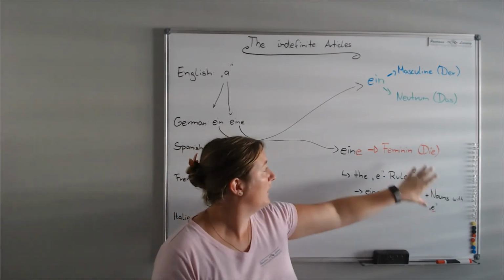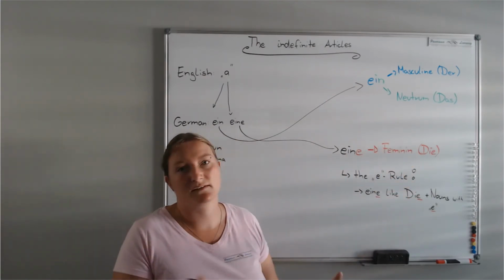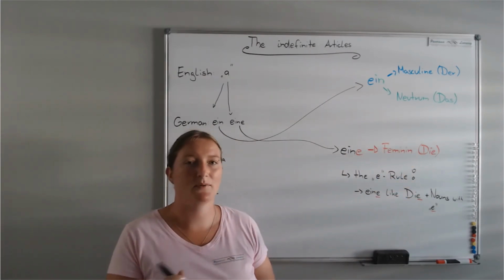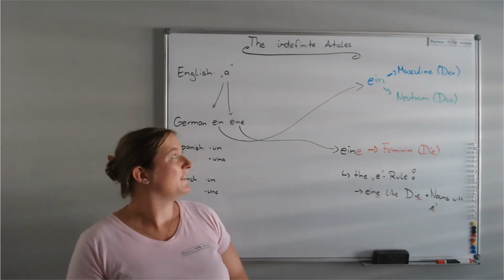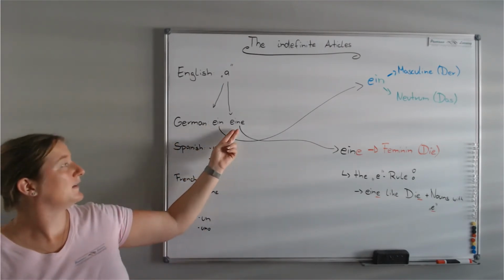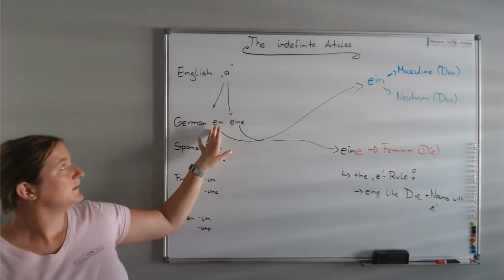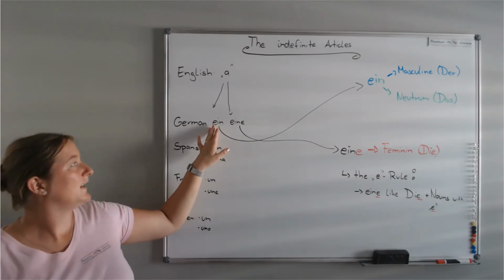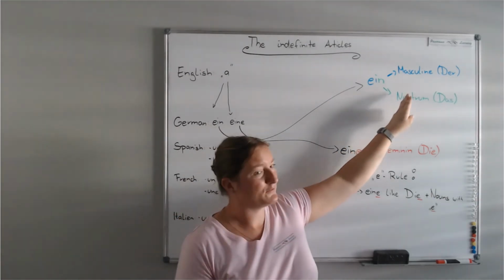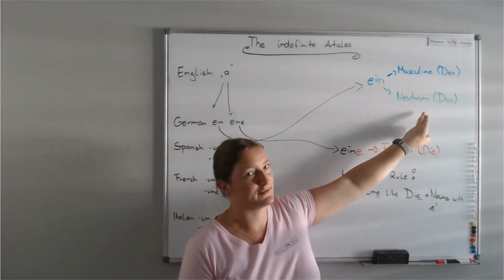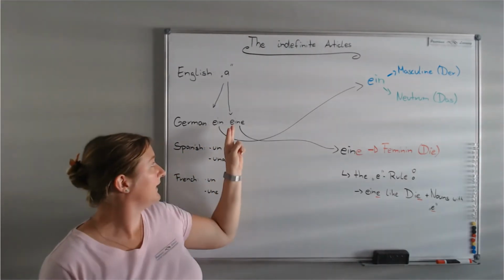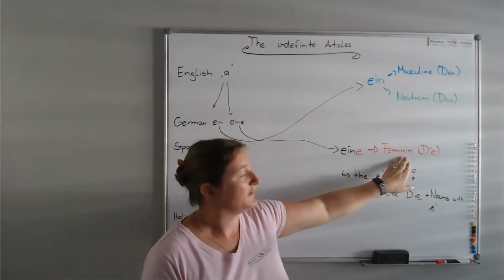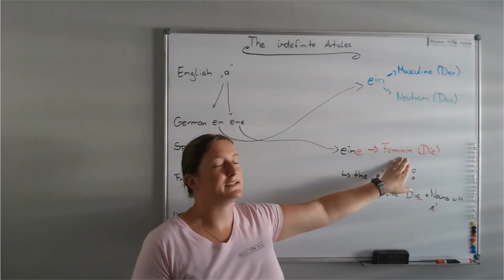So there's a lot going on with E's on the ends. Maybe this will help you. The overview, ein and eine, indefinite articles in the German language. Ein belongs to the definite articles der and das. Eine has its own definite article die.